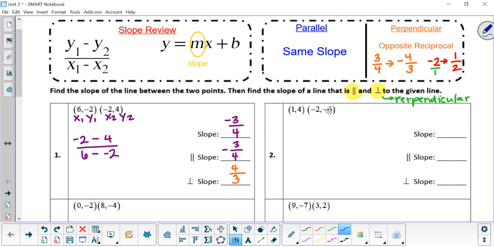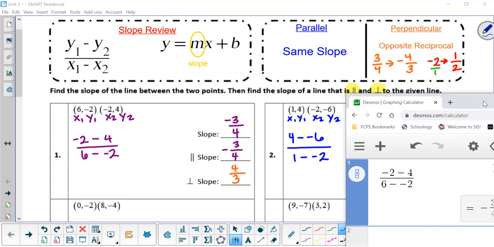Let's look at number 2. Again, we have 2 points. So we have our x1, y1, x2, y2. Set up your fraction. 4 minus negative 6 over 1 minus negative 2. Once you have your fraction, you can go to Desmos.